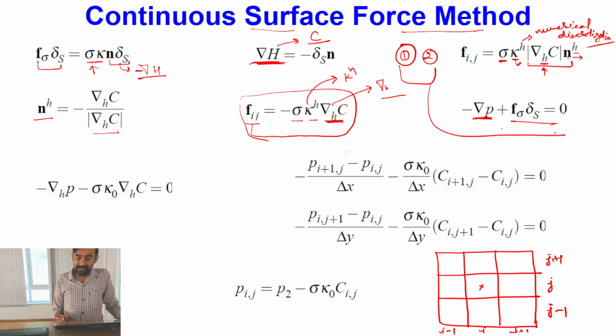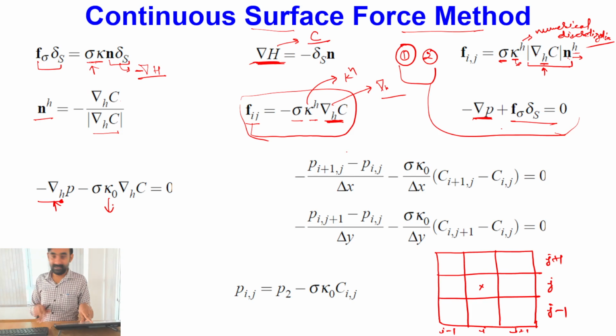Now when I numerically discretize this equation, I will write minus, on the gradient I have applied the numerical discretization operator, G_h P minus sigma. One important thing, why I am explaining this case first: for complex interfaces we need to calculate curvature numerically, but for this simplified situation, where it is not traveling and is stationary and spherical, the mean principal curvature is already known to us.